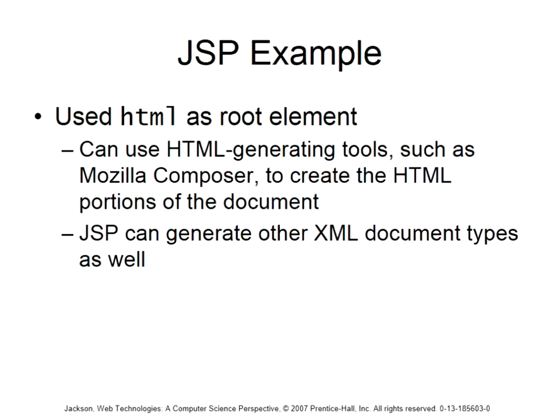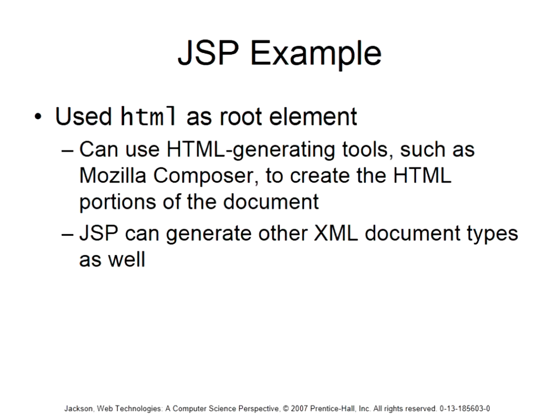So in this GSP example, we used HTML as the root element. We can use HTML generating tools such as Mozilla Composer to create the HTML portions of the document.